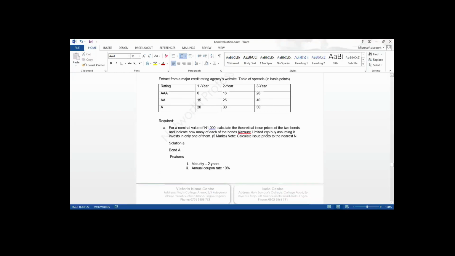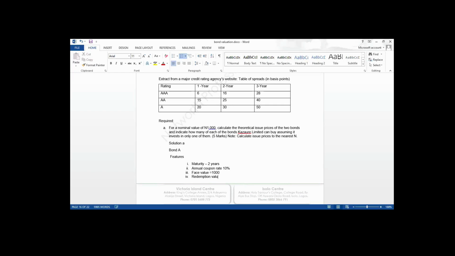What is the face value of this bond? 1,000. What is the redemption value of this bond? Let's go to it. What's the redemption value?